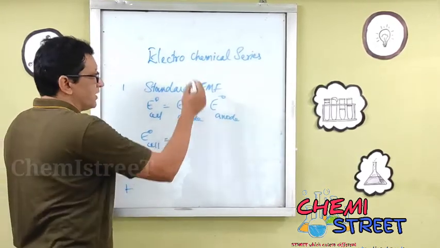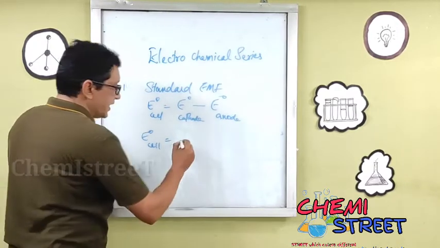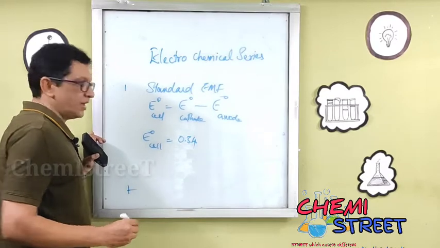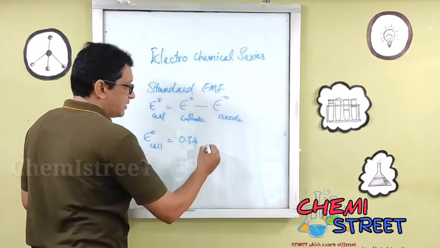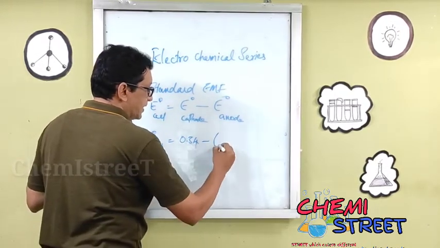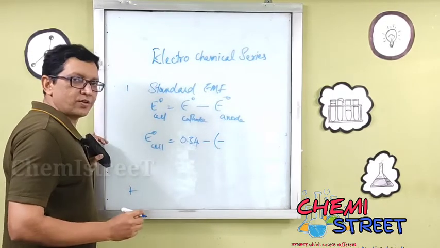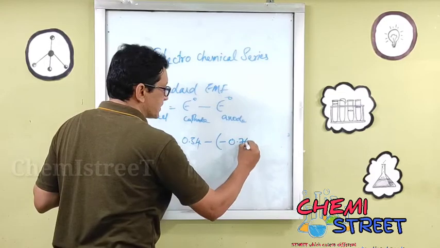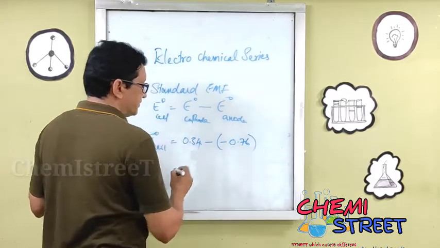The value of the cathode in the case of the copper electrode, we have seen, is 0.34. What about the anode? Definitely it will have a negative value, which is minus 0.76 volt.